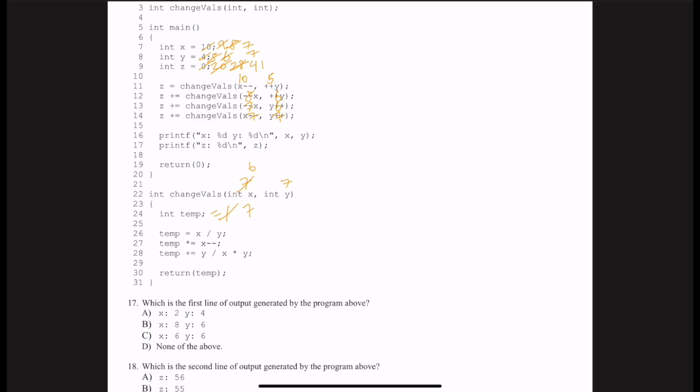Temp plus equals 7 divided by 6 is 1. 1 times 7 is 7. So now we increase temp to 14. We return 14 back, and now z is 55. Once again, line 14, we had 2 postfix operations, so we're going to decrease x now and increase y. Therefore, final values for these variables are 6, 8, and 55.